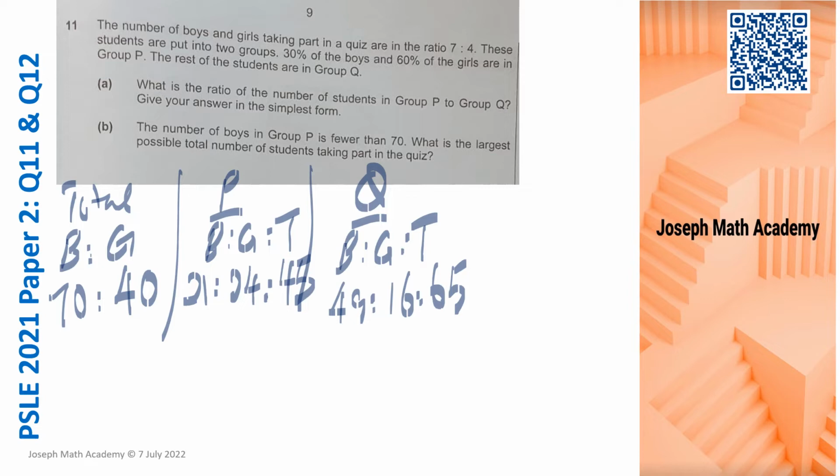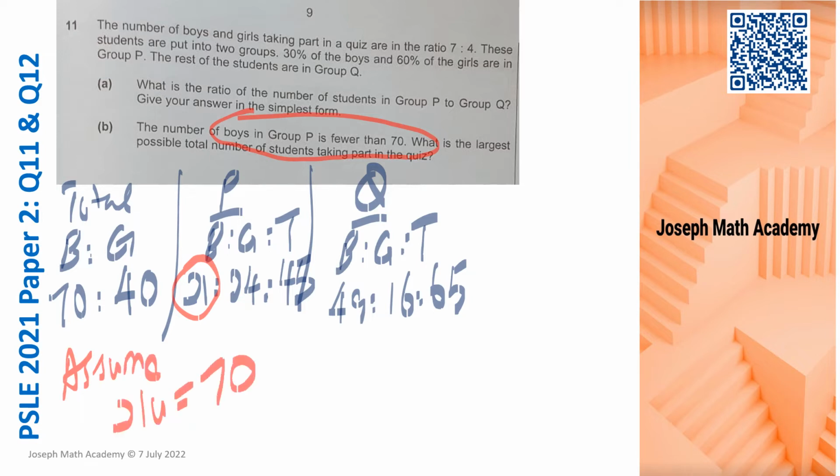Okay, right, I'm going to do part B. The number of boys in group P is fewer than 70. So they gave us a clue. They told us that the number of boys in group P must be fewer than 70. That means this 21 units must be fewer than 70. Now, to do this question, I'm going to use assumption. Assume that 21 units is exactly 70 first.